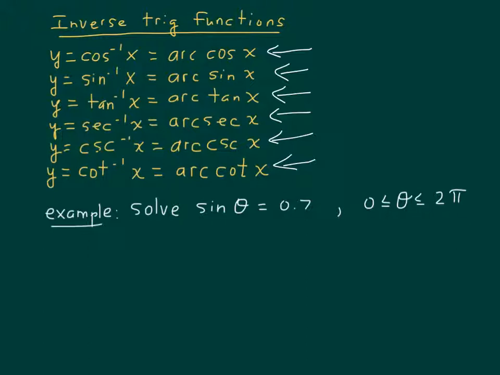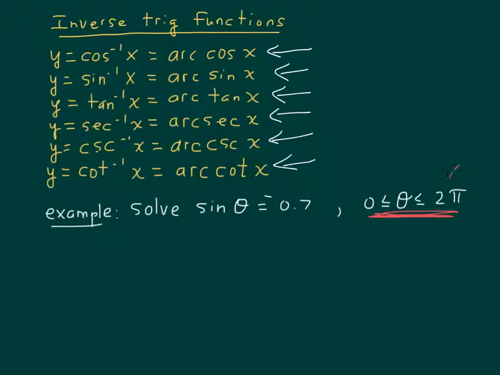So we're going to look at an example here where this is used, and I'm going to change this to a negative 0.7. So if you already copied that down, please make that a negative. So we're looking to solve this equation. We see the sine of theta equals negative 0.7, and we're looking to solve this for angles between 0 and 2 pi.